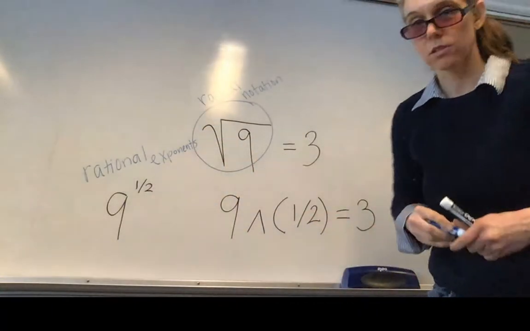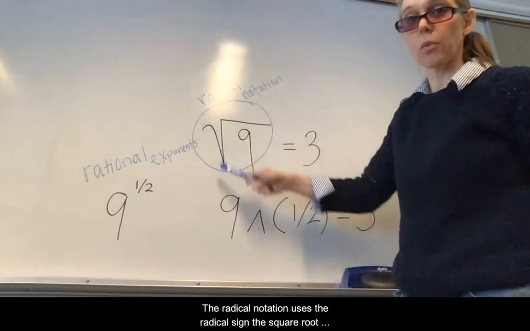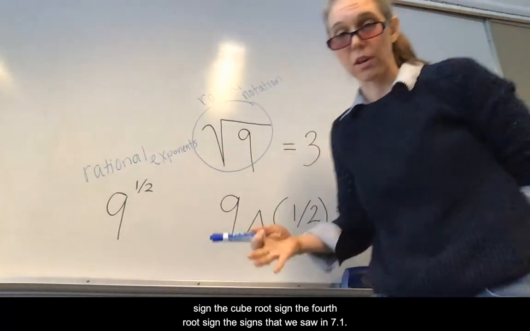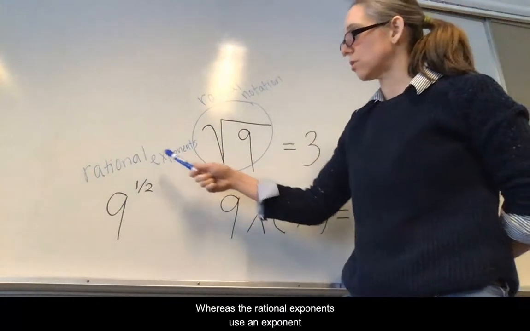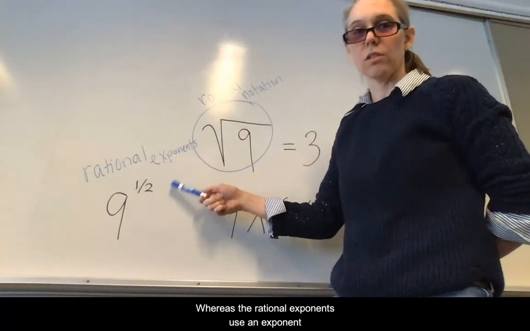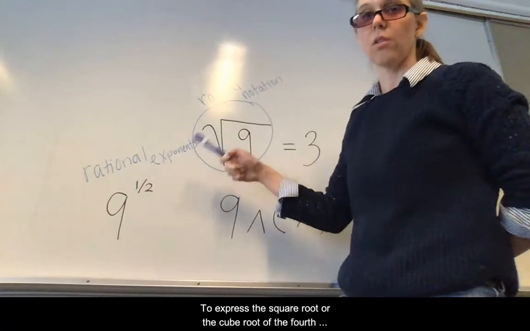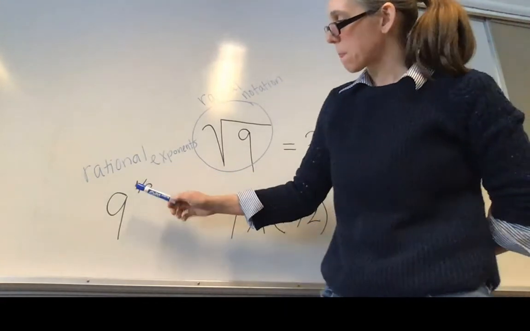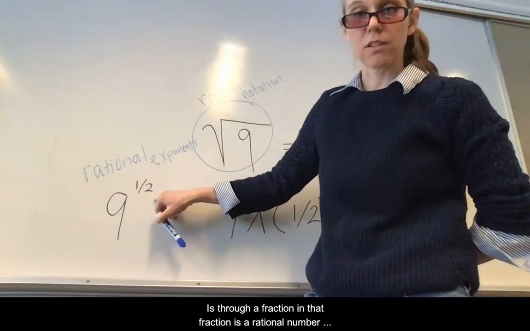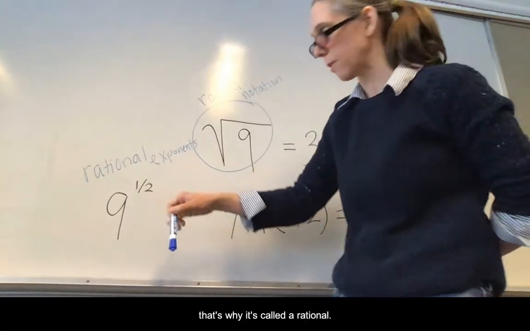The radical notation uses the radical sign, the square root sign, the cube root sign, the fourth root sign, the signs that we saw in 7.1. Whereas the rational exponents use an exponent to express the square root or the cube root or the fourth root. And the way it expresses it is through a fraction. That fraction is a rational number.